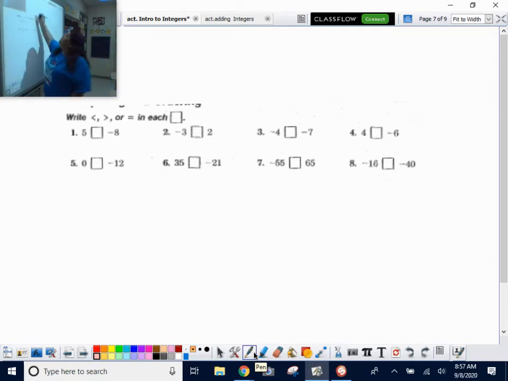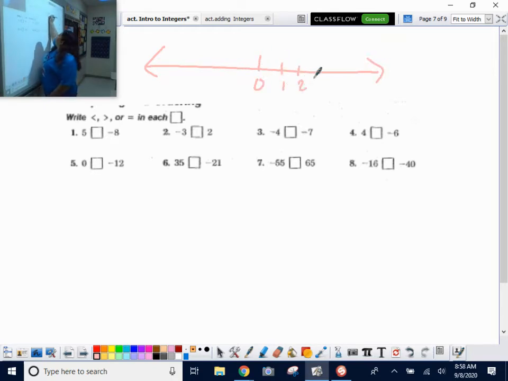Now remember your number line. It keeps going. The greater numbers are over here.